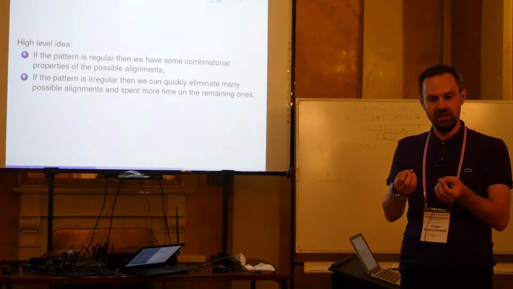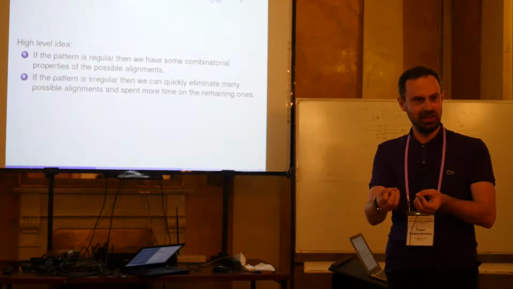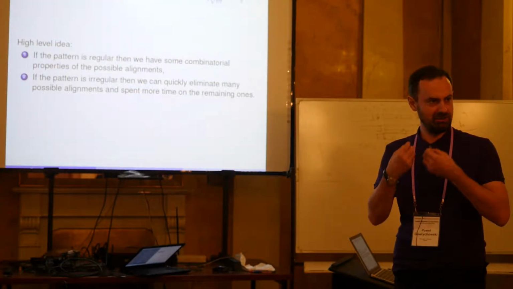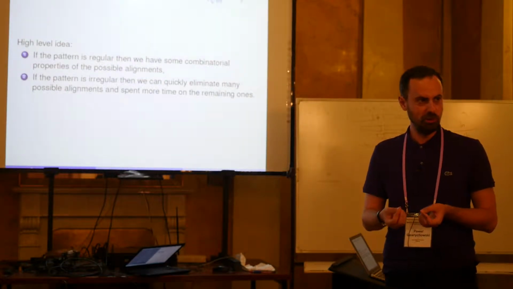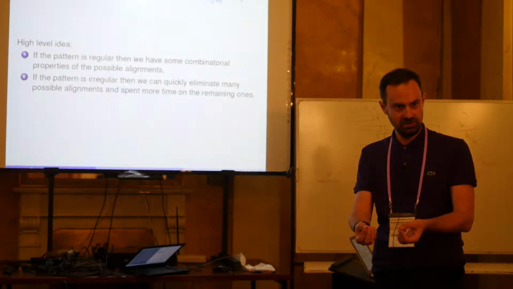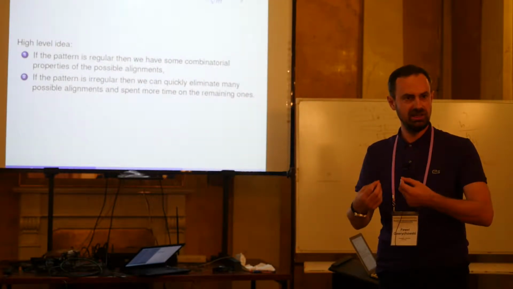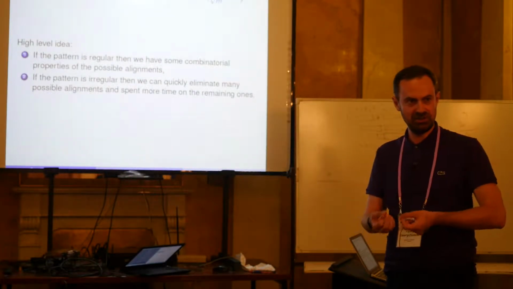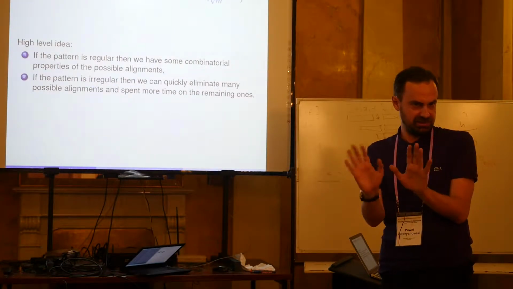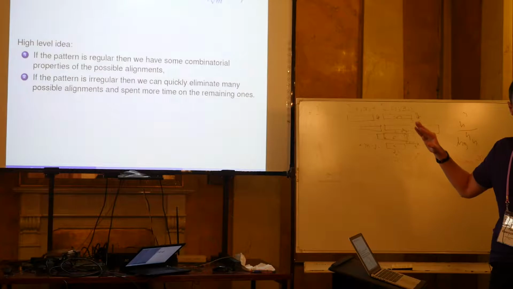Because as soon as you have found k mismatches, you don't care whether it's k, 2k, or 3k. You are done. You don't have to calculate the number exactly. So you can hope to remove some of the characters in the pattern and do something with the remaining ones. There are fewer of them now, so it's easier. And then it might allow you to eliminate many possible alignments, and for the remaining alignments, you just spend more time because there are fewer of them. So that's the high-level idea. Make sense? It's very general, but I will show you a more concrete example.